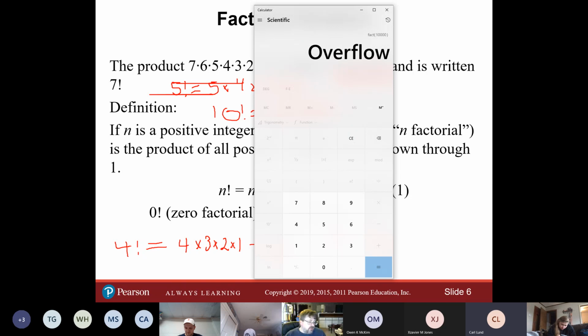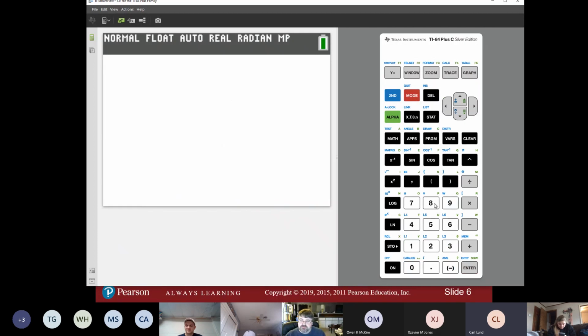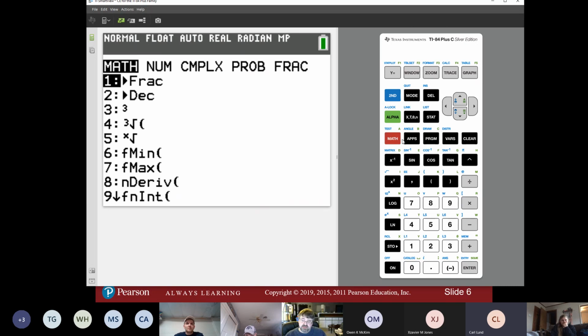For example, the other one I'll show you is the calculator we use in all of our other math classes. On the TI-83 and 84, the factorial key is hidden under the math menu. So here, if I want to find, let's say, 9 factorial, first type in the number, and then go to math.